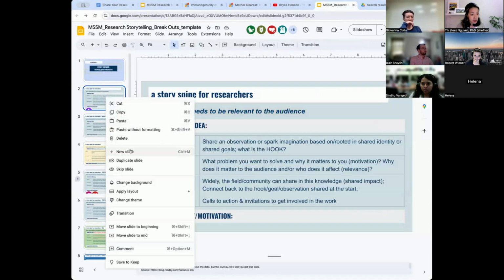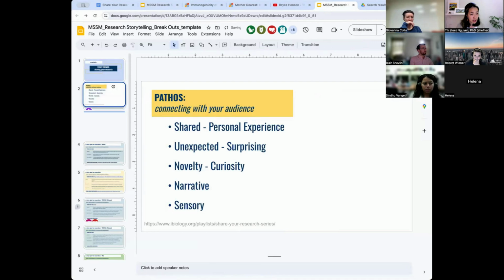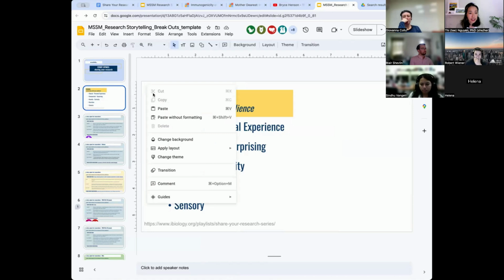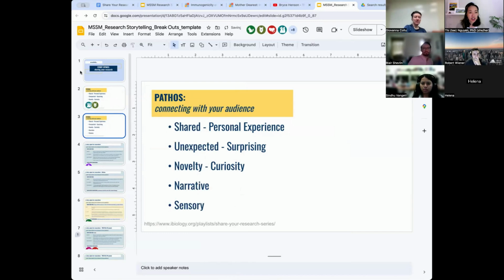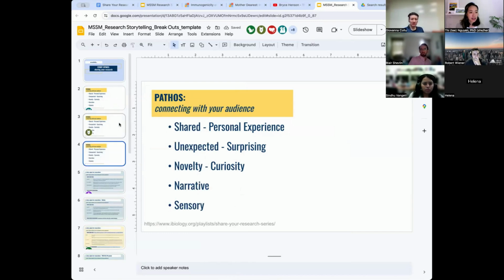Let me just insert a new slide here. Go ahead and go back to the slide deck, right click and make another copy for yourself. Duplicate the slide, make it your own.